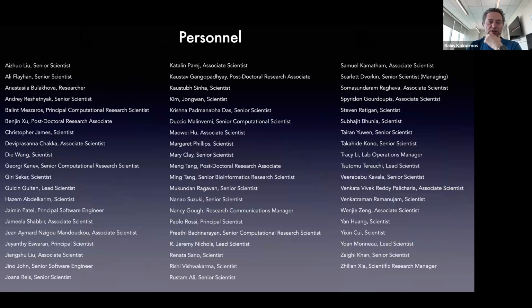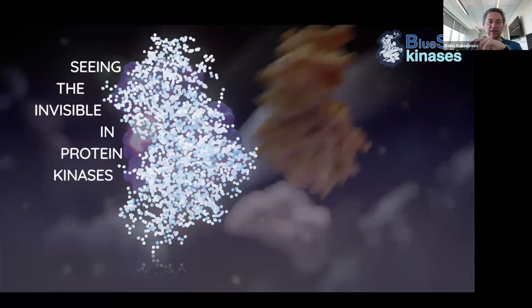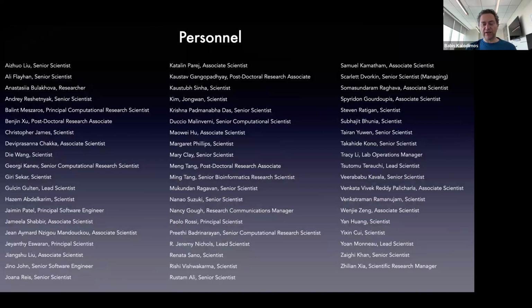And I just wanted to say, before I show all these names here, that we have a very big consortium here, which is what we call the Blue Sky mechanism on kinases. I lead this team of about 70 people, which are just listed here.